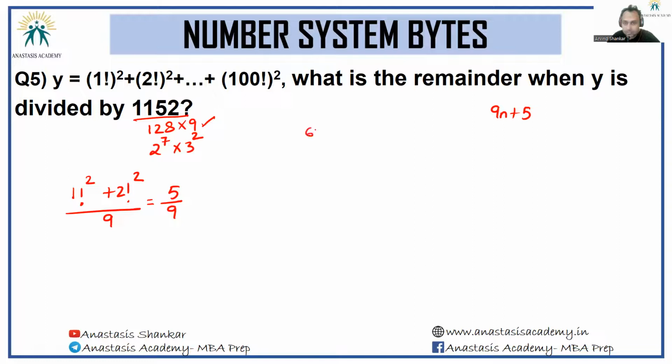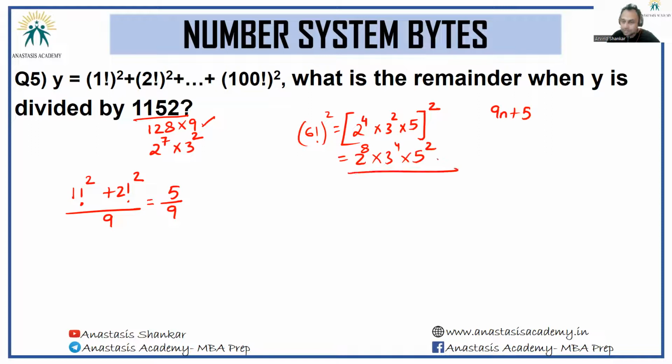see 6 factorial square would be equal to 2 raised to the power 4 into 3 square into 5, whole square. 6 factorial I've written within the brackets and square outside. Can you see this leads to 2 raised to the power 8 into 3 raised to the power 4 into 5 square. This number is definitely divisible by 128.